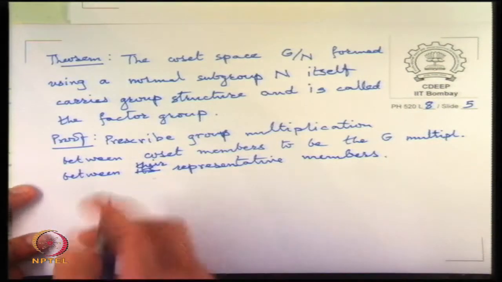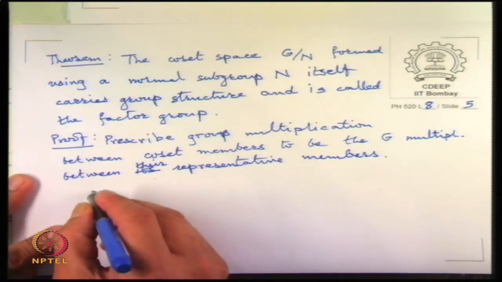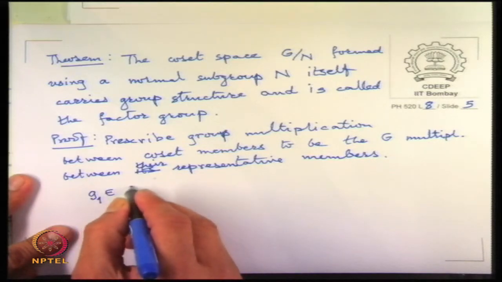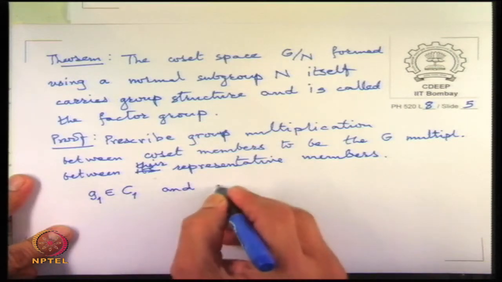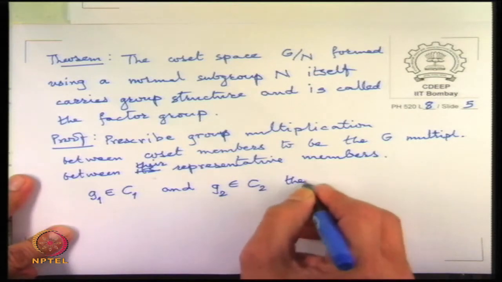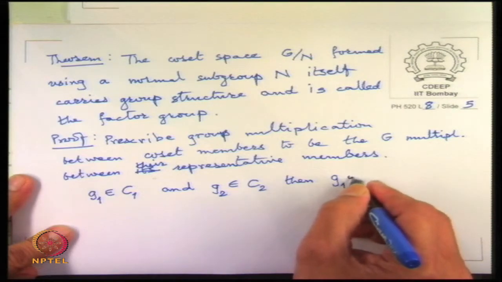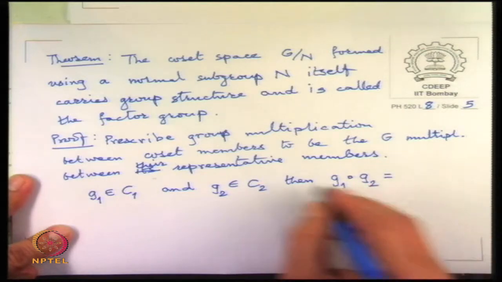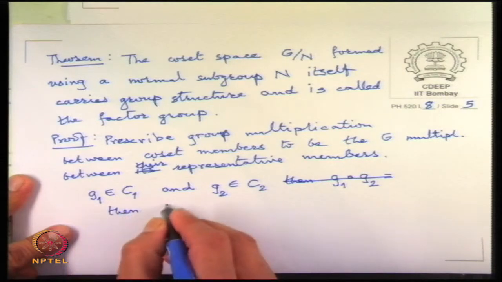So if I have G1 belonging to C1, which is some coset, and G2 belonging to C2, then G1 G2 is equal to, sorry, I spoiled the line, then C1 C2.